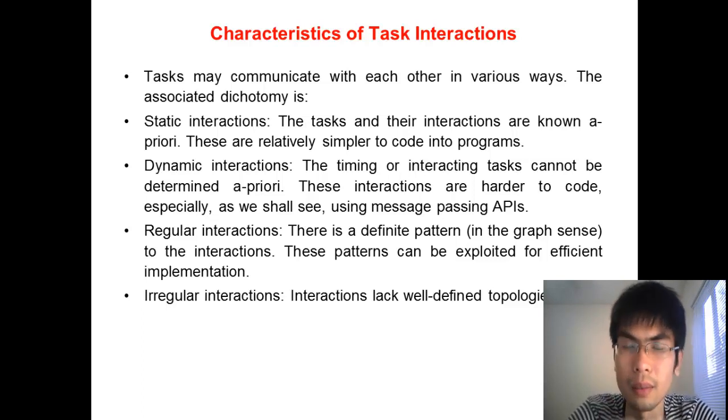Okay, static interactions mainly means the tasks and their interactions are known in advance. So we can say it's a little easier for the programmer to design the algorithm. And dynamic interactions means the timing of the interaction between tasks cannot be determined in advance.